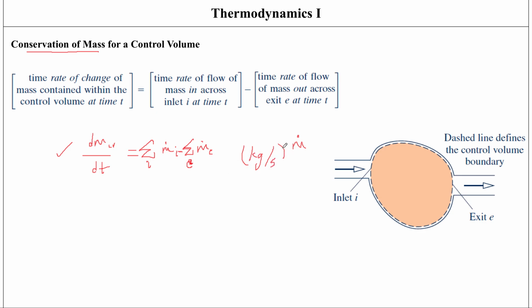But just by looking at m dot, we can't tell what it means, so we need to find m dot in terms of, let's say, velocity, density, and area maybe. So we need to evaluate an expression for m dot here.